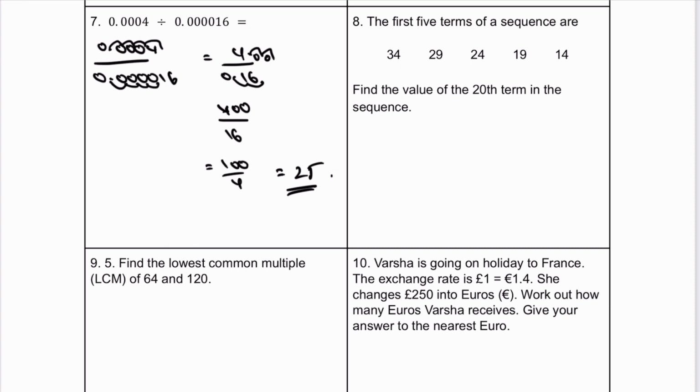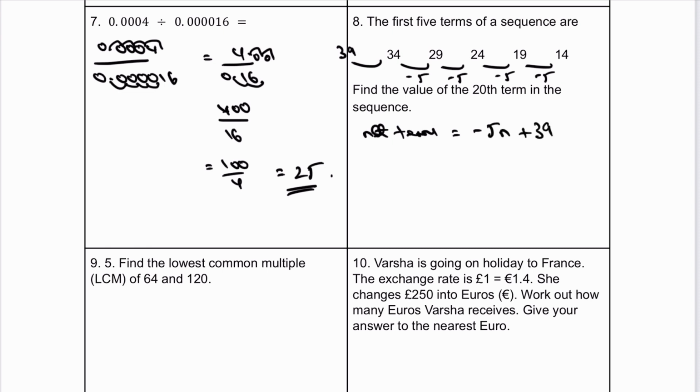Okay, so the first 5 terms of a sequence, well, you could write out all the numbers to get to the 20th term. What I'm going to do, however, is calculate the nth term, because I know this is minus 5 each time. Okay, and I know also my 0 term is going to be 39, so I'm going to write the nth term as being equal to minus 5n plus 39.